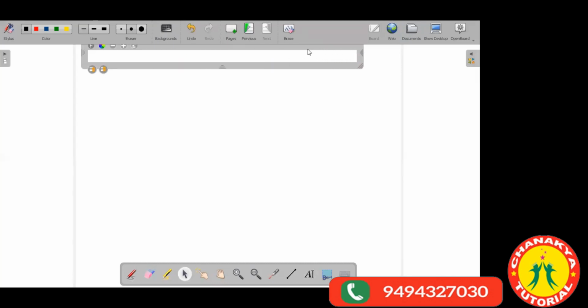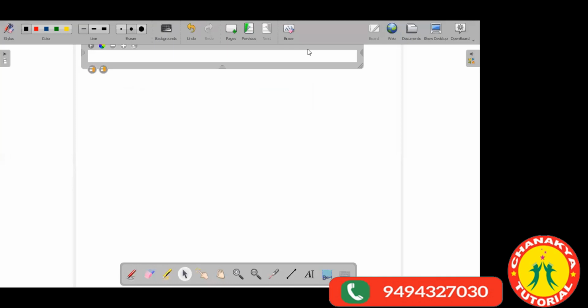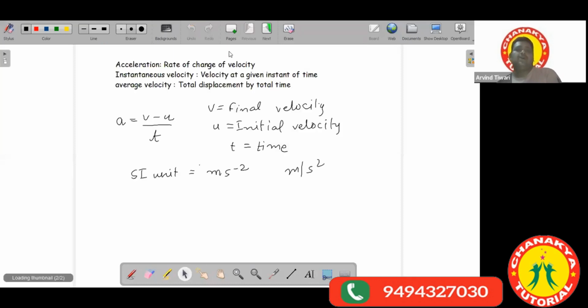Sir, can we use the SI unit of acceleration to find the acceleration? You want to use the SI unit to find the acceleration? Yes, sir. See, it's something like this.